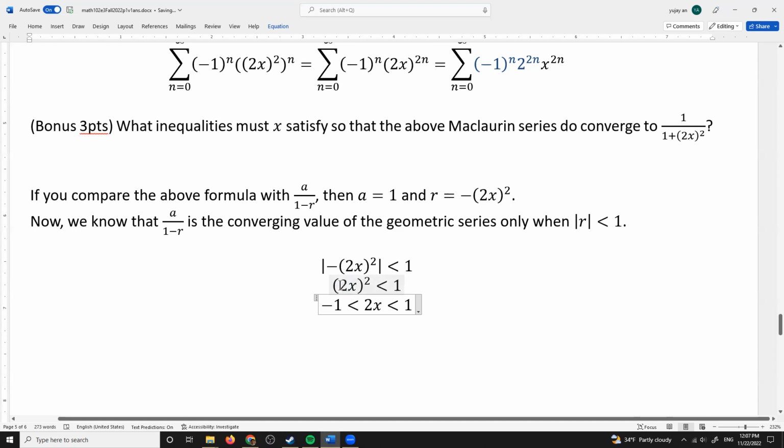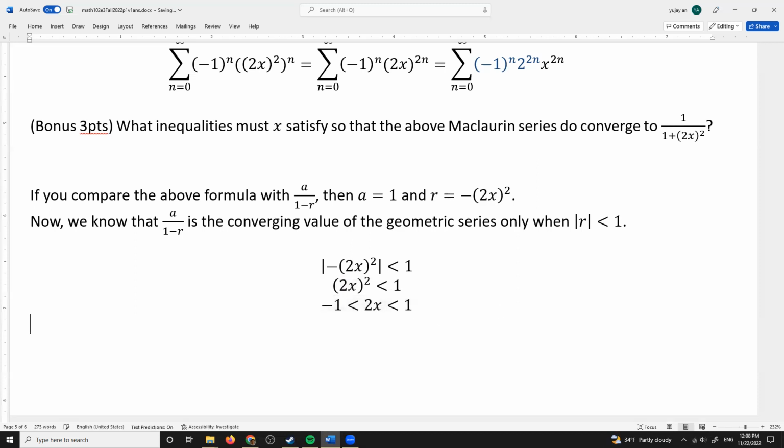If something squared is equal to 1, then that thing must be either negative 1 or 1. And therefore, if you insist that it's less than 1, then that thing inside the square must be between the two values.